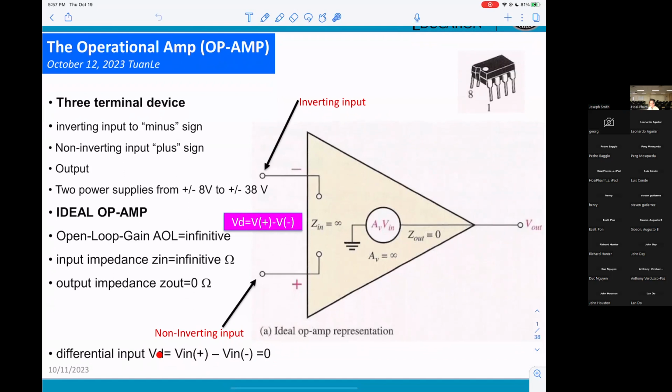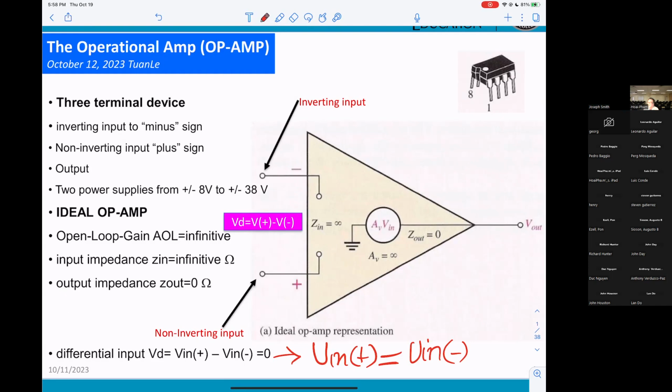VD equals V at positive minus V at negative equals 0. That will be telling you all the time V in positive will be equal to V in negative. That's a very important thing.